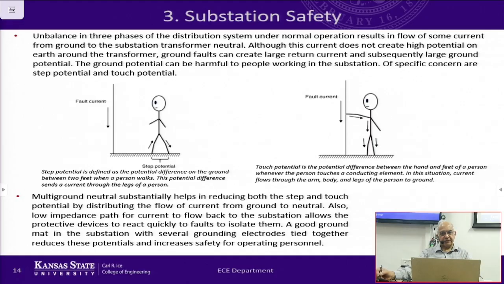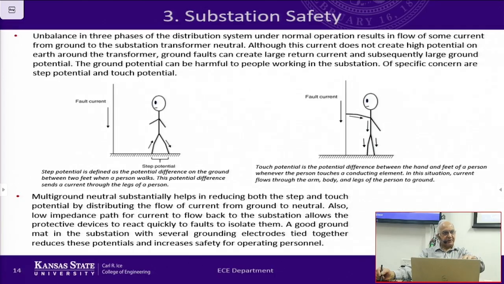And these two conditions are very dangerous. So to prevent something like this, what they do is they put a grounding mat in the substation. It's a very complicated process to design.